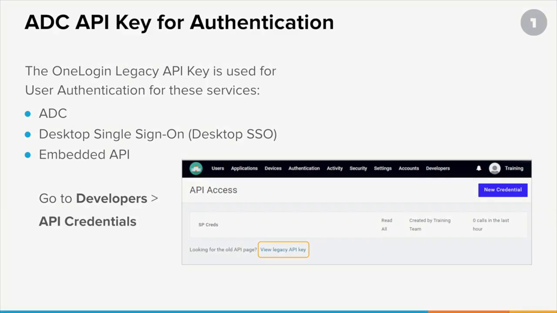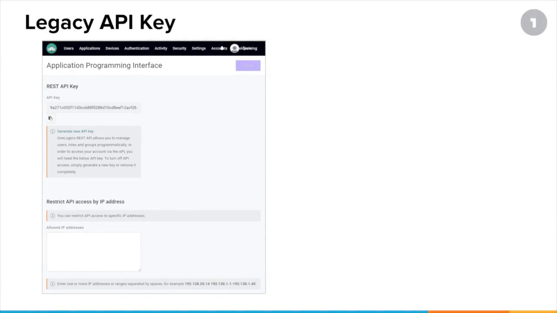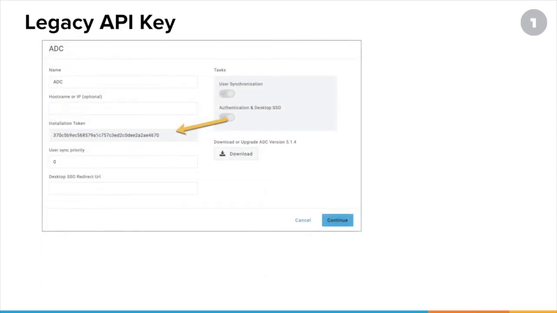You will see something that looks like this form, and you can click on Generate New API Key. If you do this, then that token will change, so you'll have to go over and grab the new token from your ADC instances and then run through the ADC setup again to specify the new token.